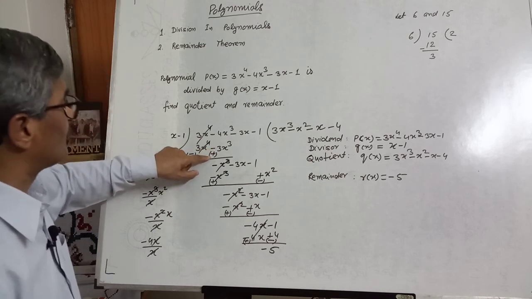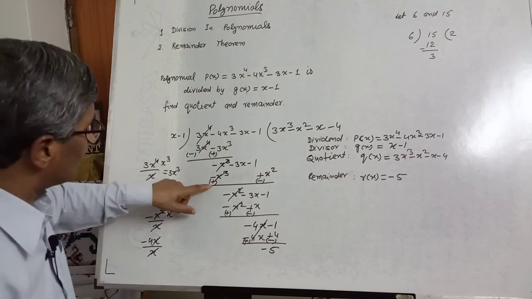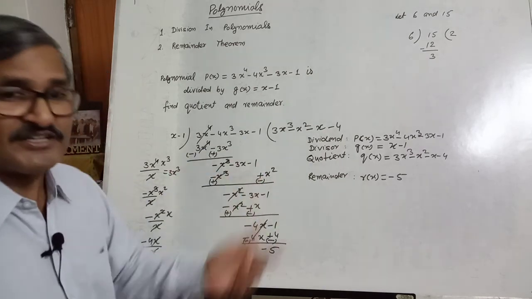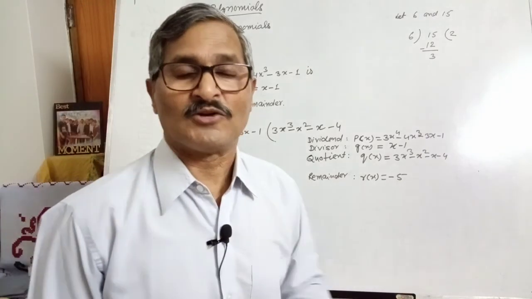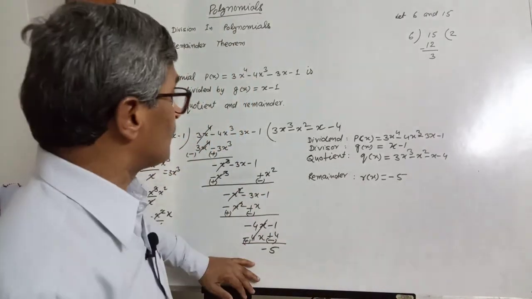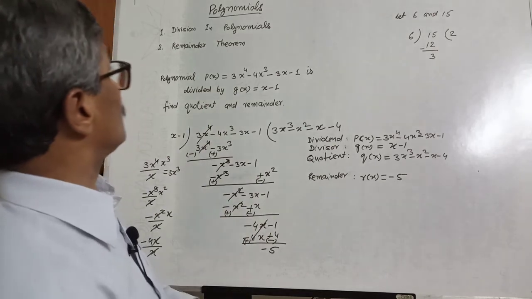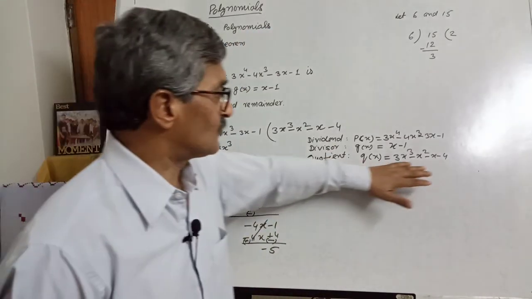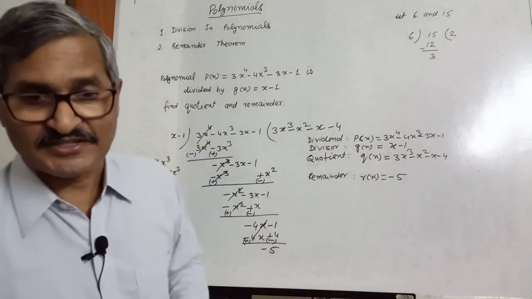This changed sign will be considered for these three terms. Similarly, this changed sign will be considered for the calculations. So you will not make any mistake, and this is division of polynomials. With the help of this you can find the quotient and remainder. Please note this down.